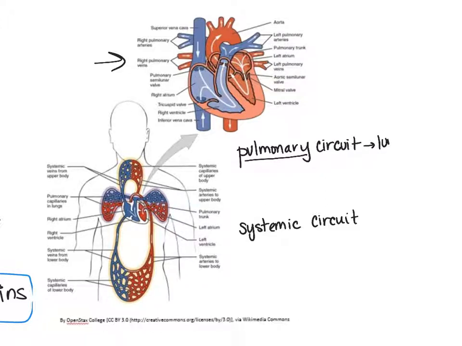This is where we have our exchange with the lungs. Pulmonary meaning lungs. So this is where we move our blood from the heart to the lungs. We have an exchange between the heart and the lungs.